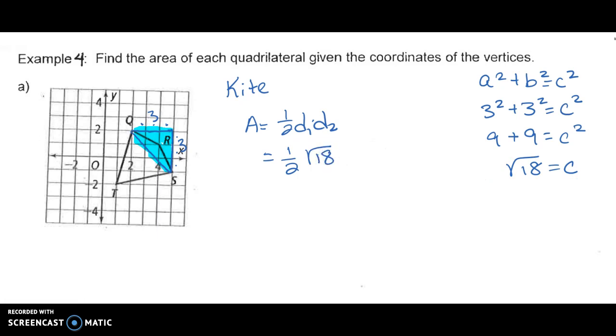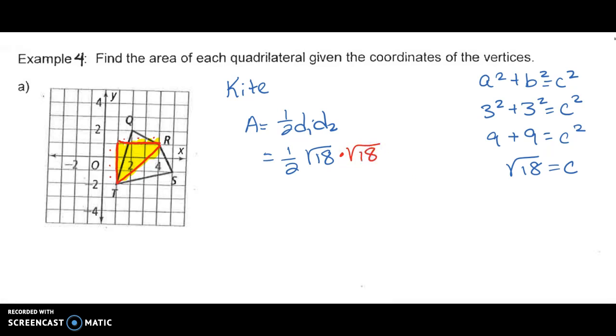And then if I go to my other diagonal, from here to here, I'm going to draw in the rest of that right triangle for the Pythagorean theorem. This one also has a rise and run of 3, so it's also square root 18.